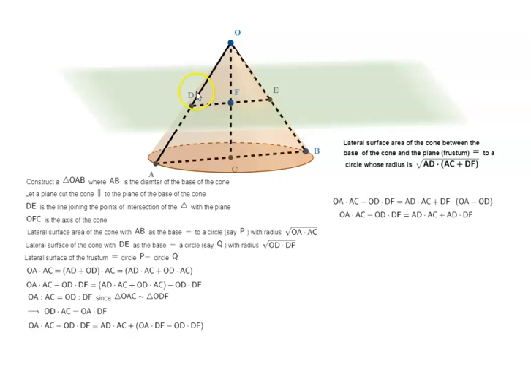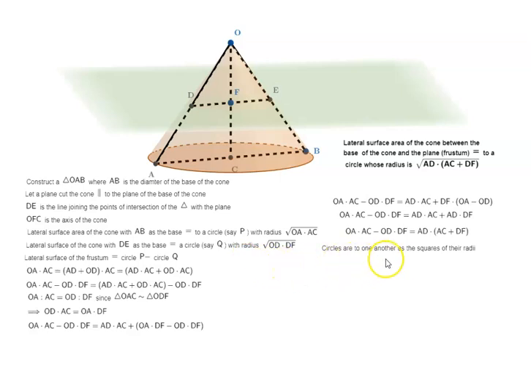OA minus OD is equal to AD. So we write it as AD times DF. Now what happens? Again we end up with AD as common. So we can take it out. And our expression becomes OA times AC minus OD times DF is equal to AD times AC plus DF.